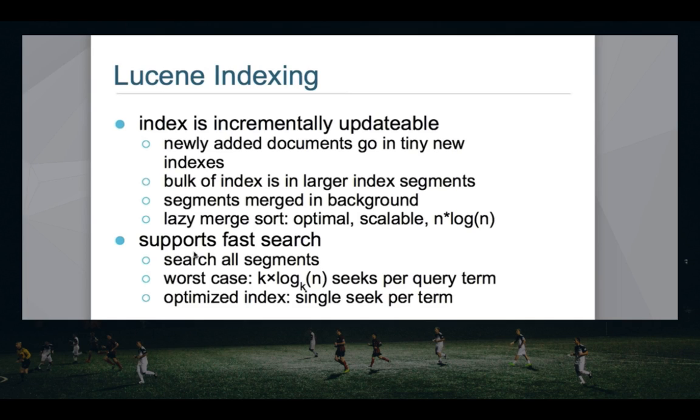It supports lazy merge sort for optimal, scalable performance with a time complexity of n log n. It supports fast search. All the data which you pass into Lucene is stored in the form of segments, and a segment contains the inverted index.